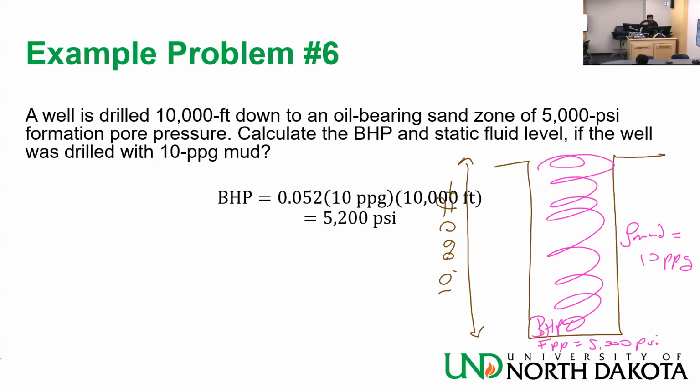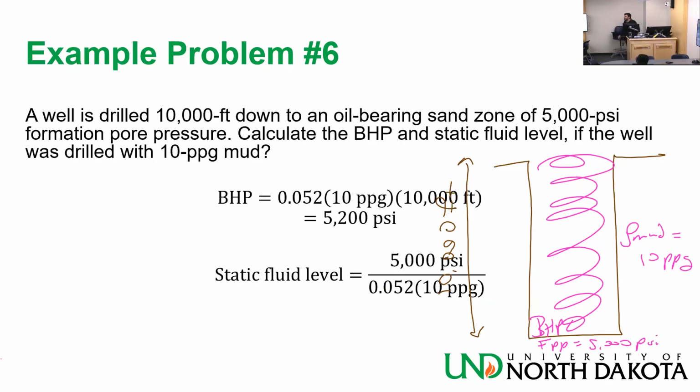The answer is 5,200 psi. Now, I am bigger than the FPP by 200 psi. I'm 200 psi over pressure, right? Because the FPP is 5,000 and I have 5,200. So it's good. I'm above. I'm balanced. Overbalanced, in fact. I hope I'm not too overbalanced.